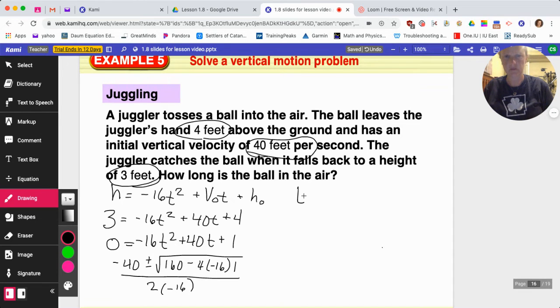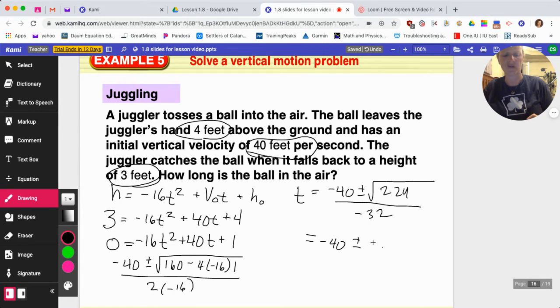So t equals negative 40 plus or minus root 160 minus 4 times negative 16 times 1, all over negative 32. So I took the square root of 224, and I got 14.97.